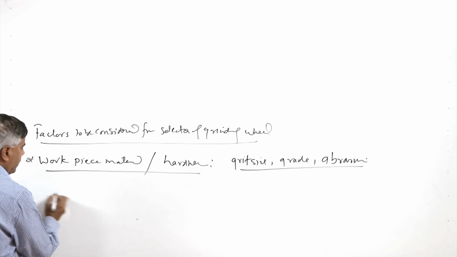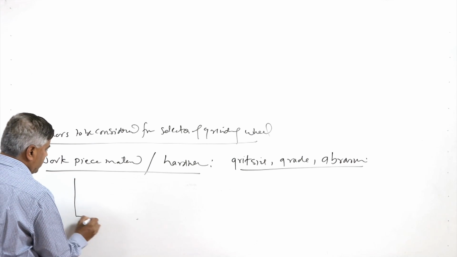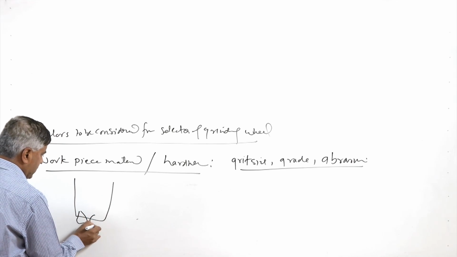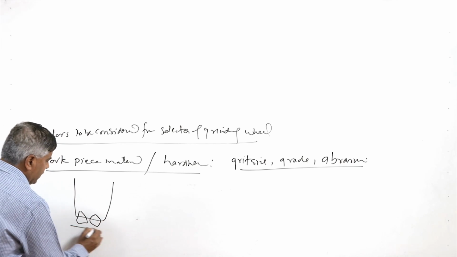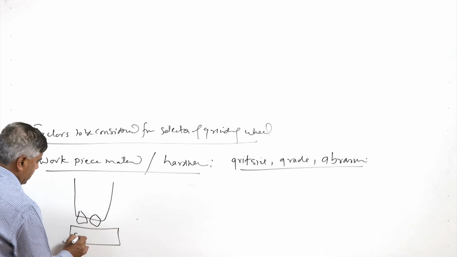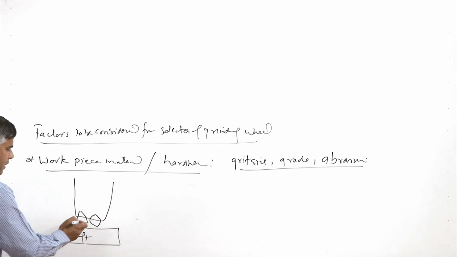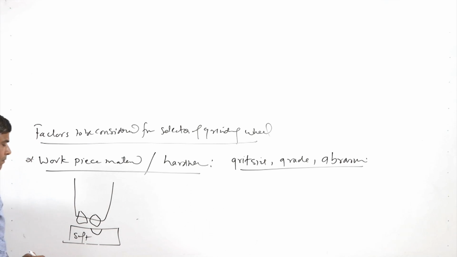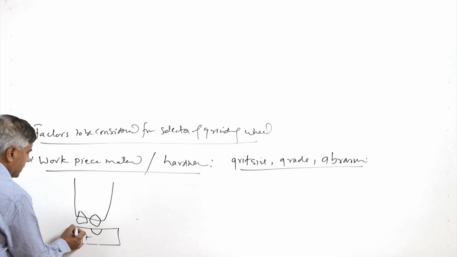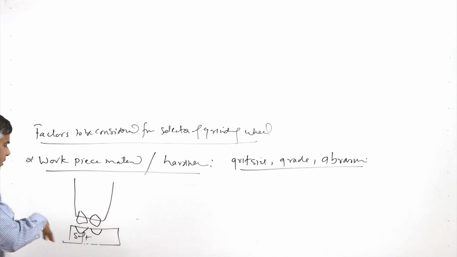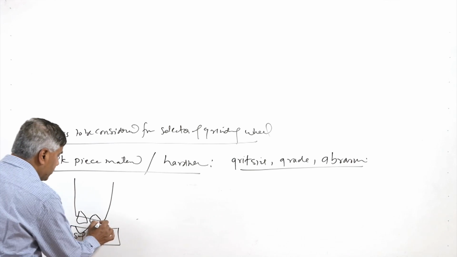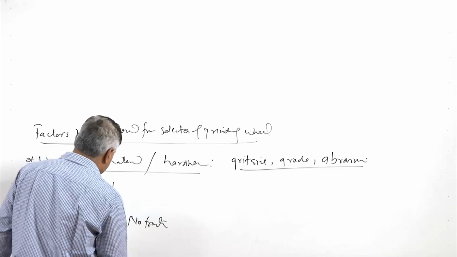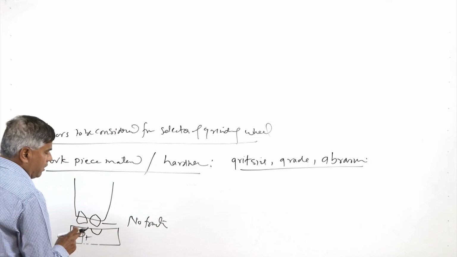When we work with a soft workpiece material, the abrasives, even if they are coarse, will be able to penetrate deep into the workpiece, and so they will be able to remove the material effectively without getting fractured. So no fracture in the case of coarse abrasives and soft material.